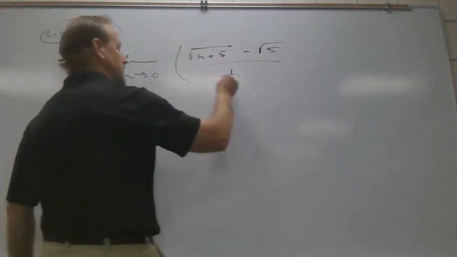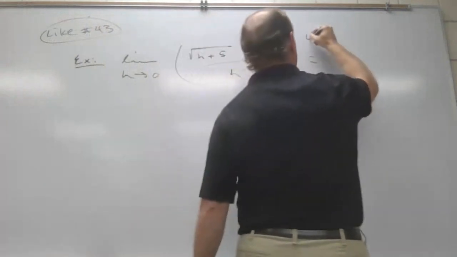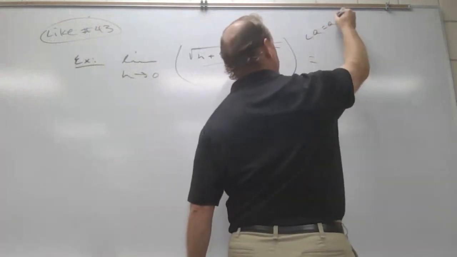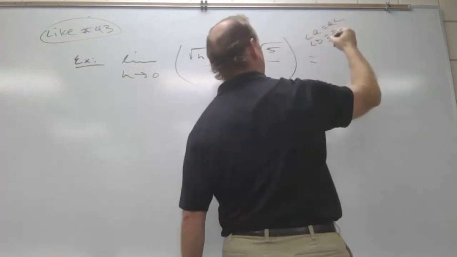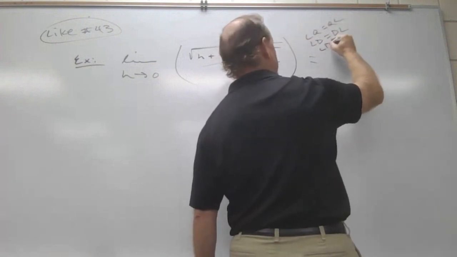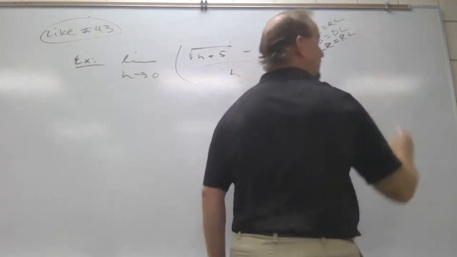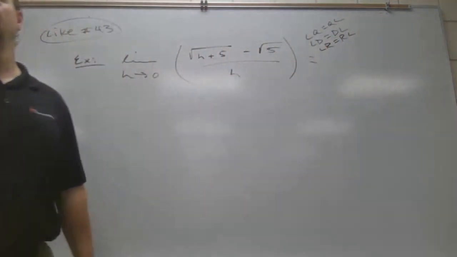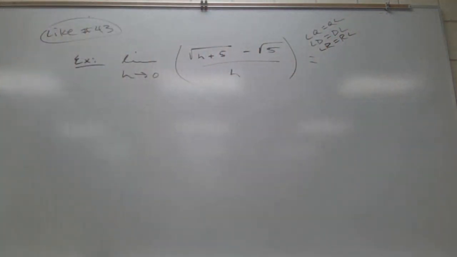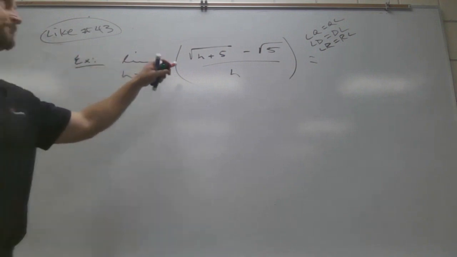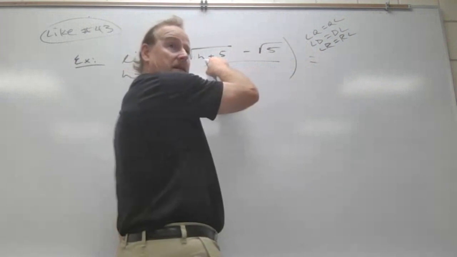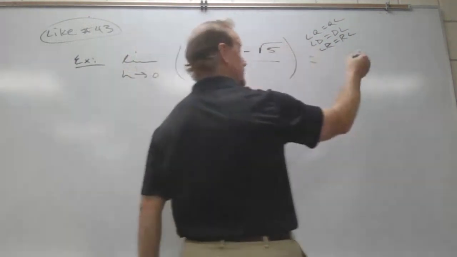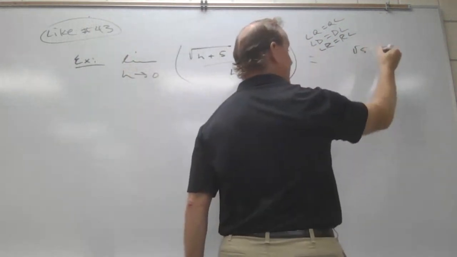I can say the limit of the quotient is the quotient of the limits, and the limit of the difference is the difference of the limits on top. Then I could say the limit of the root is the root of the limit. I could do that stuff, but what am I going to get? If I plug in 0 right here, what am I getting? Square root of 5, right?